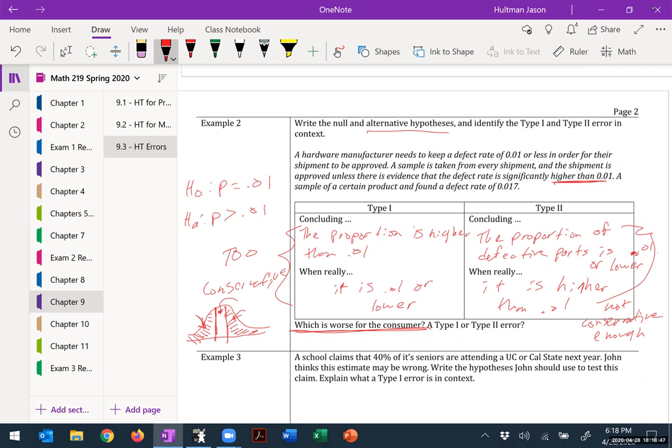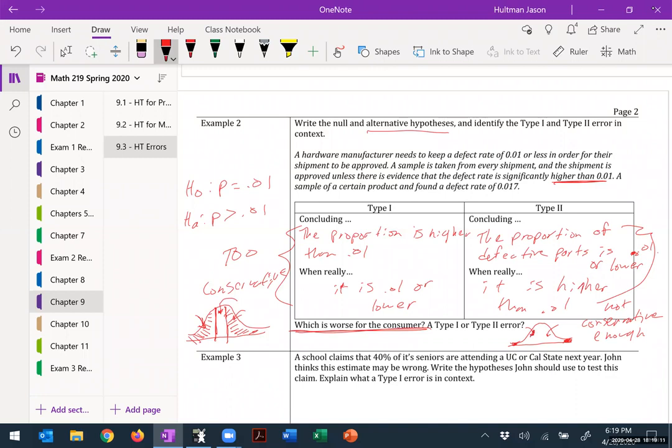What's worse for the consumer? Well, what's worse for the consumer is type 2 error. Because our tails are so tiny that we're letting everything through. We're letting stuff that has blemishes through. We're letting stuff that is a little moldy through.